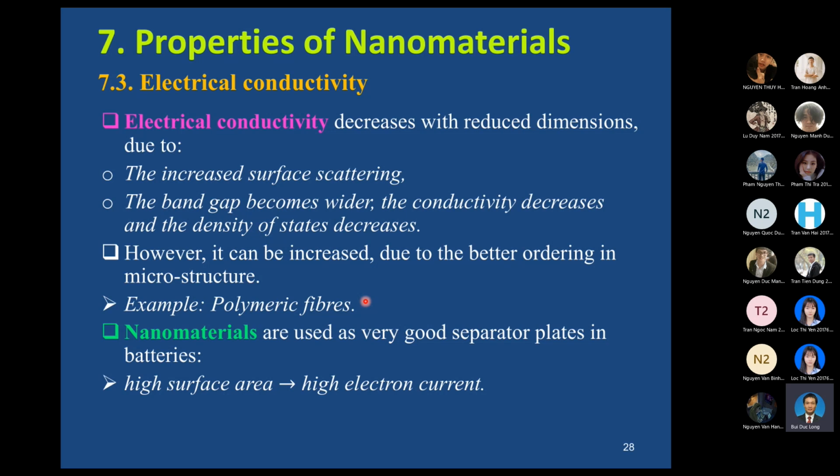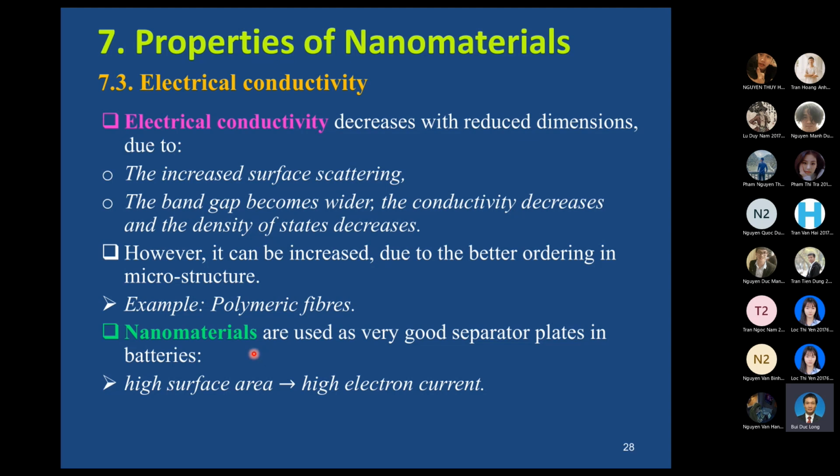In graphite, thermal conductivity and electrical conductivity are low. By taking one layer of graphite, it becomes graphene. So at this kind of nano scale, thermal conductivity and electrical conductivity become extremely high.